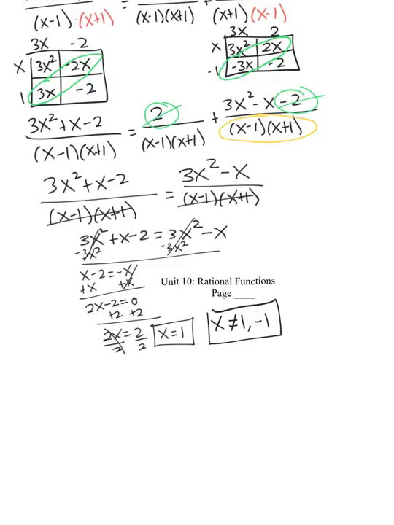Notice that one of the answers that we got was positive 1. Since that was the only solution we got, and that was one of our restricted ones, this problem has no solution. Okay, no solution because the only answer that we found did not work.